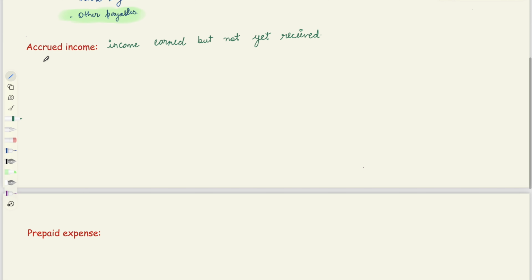It means that you provided the services or goods, majorly services, but have not received payment or money for it.